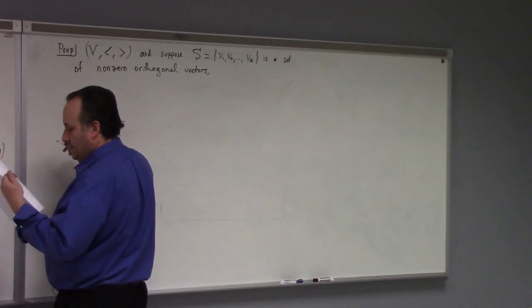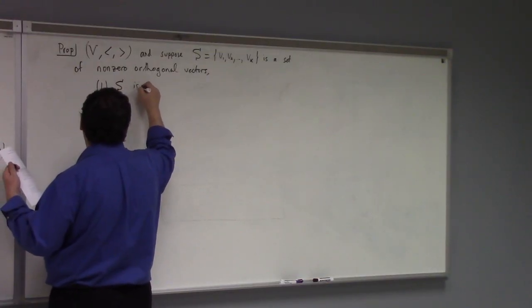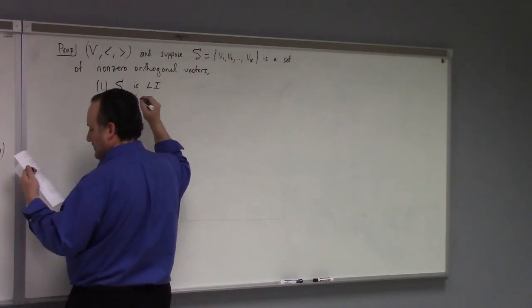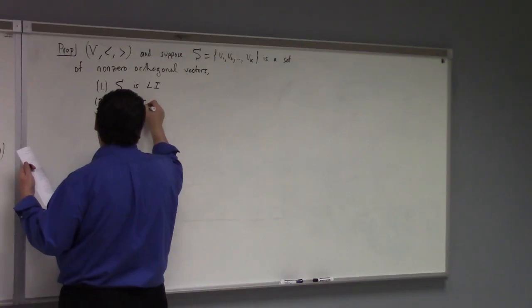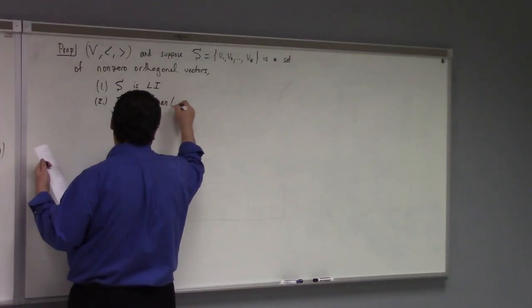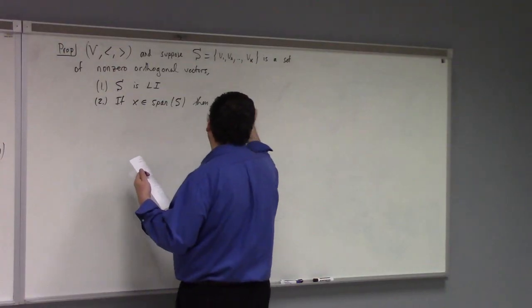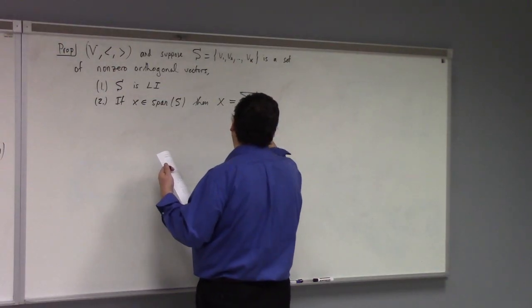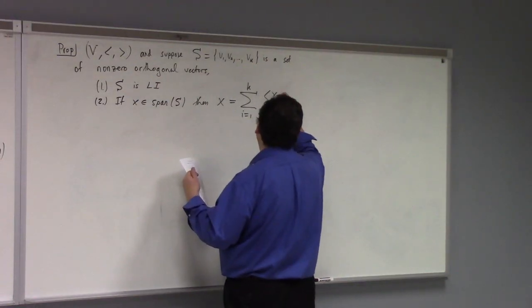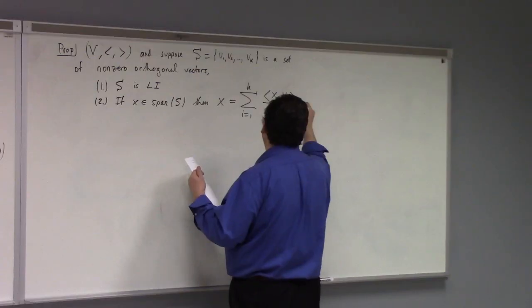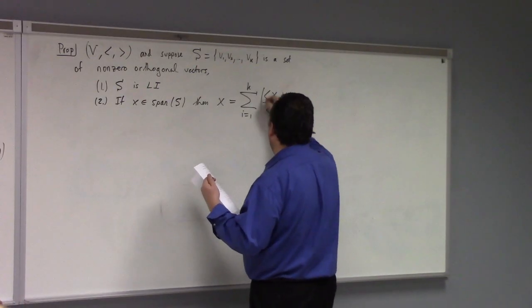All right. Number one, S is linearly independent. Number two, if x is in the span of S, then x is equal to the sum i equals 1 to k of the inner product of x with vi divided by the inner product of vi with vi, all times vi.